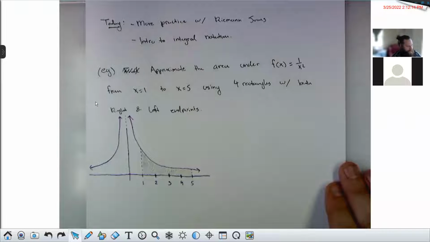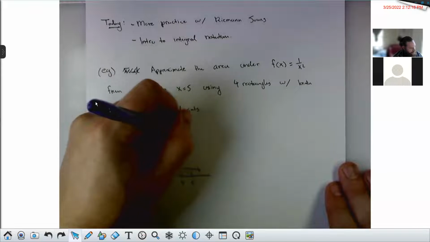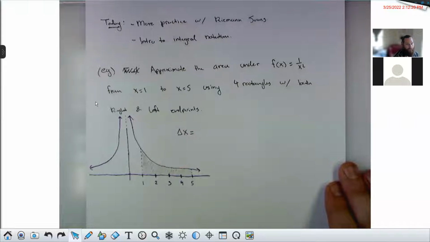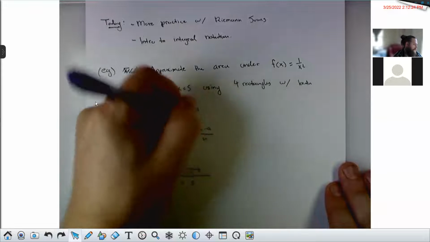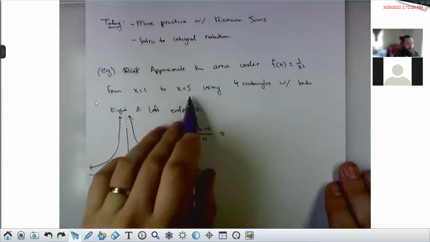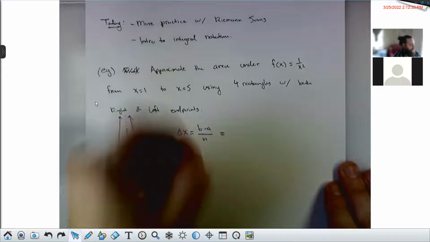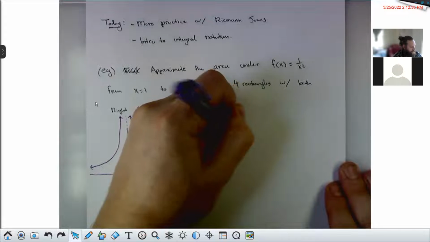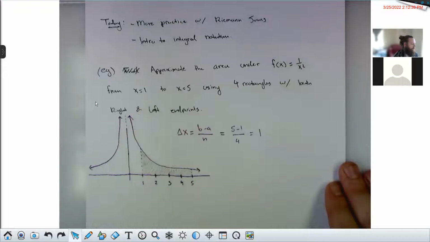If we're being very careful about it, the first thing we would do is calculate delta x. Delta x is always b minus a over n. Remember, n is the number of rectangles. A and b are the x values of the interval over which we're finding the area. So this would be 5 minus 1 over 4, which of course is 1.